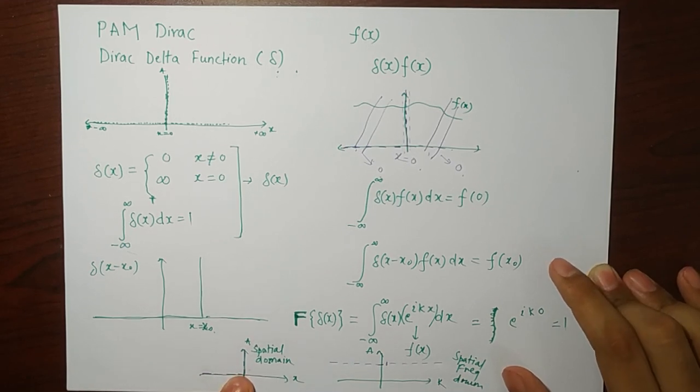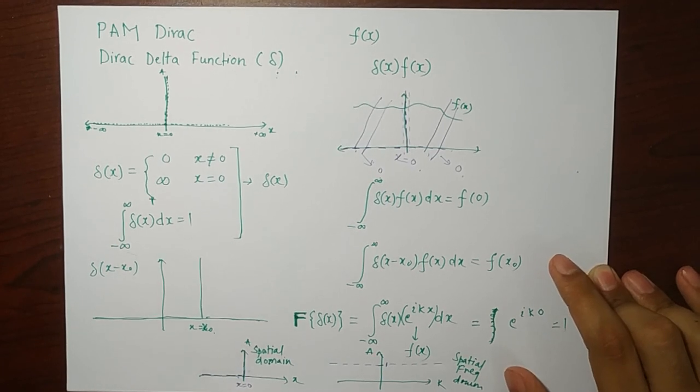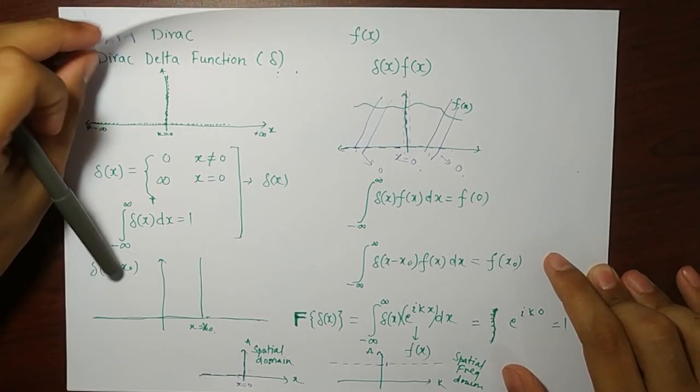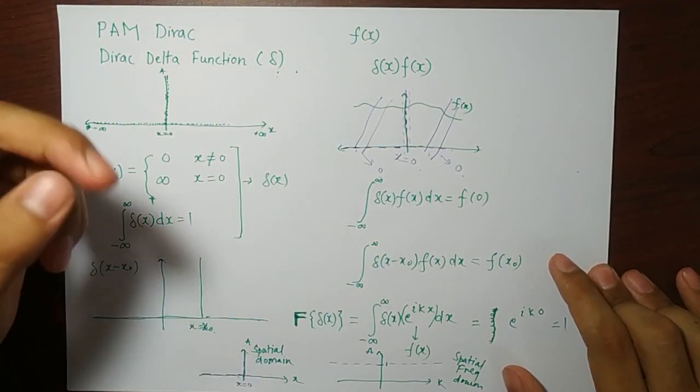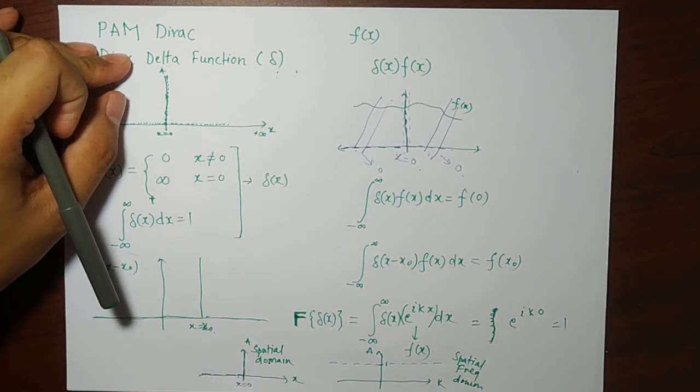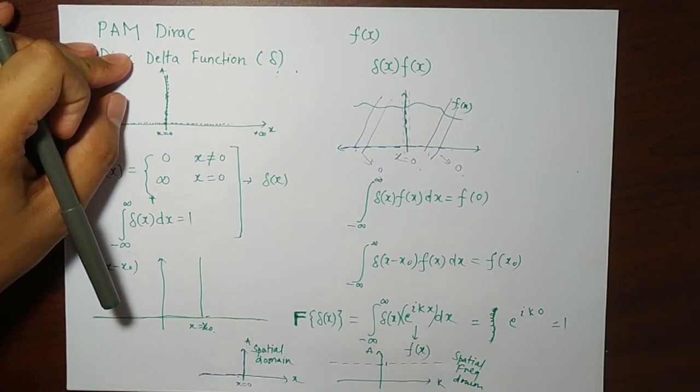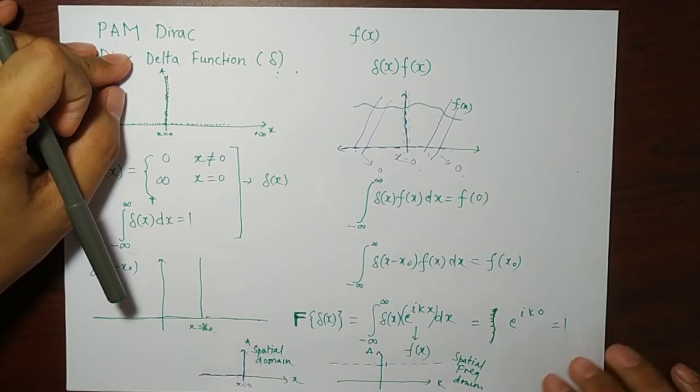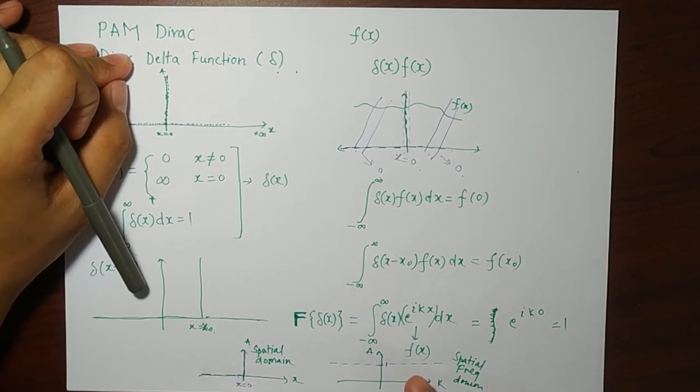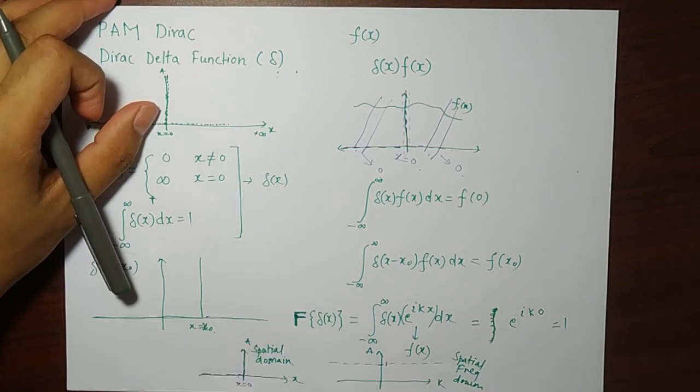Just keep in mind that the frequency spectrum of a delta function is basically 1, and you can use the duality theorem to get the Fourier transform of this particular function, which is basically 1. If you can recall, that would be basically 2 pi times del of minus x. So del of minus x is basically del x here, because there is only one component at the center.